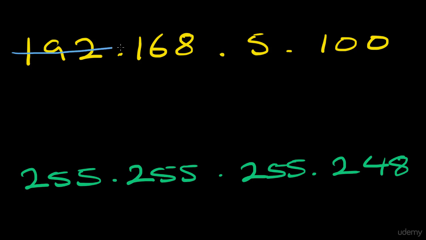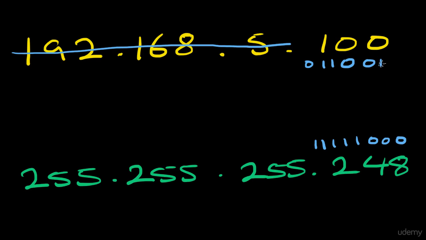It's covering the bits of the first 3 octets. 100 is therefore being partially covered by 248. 248 in binary is 5 ones, 1, 2, 3, 4, 5, and 3 zeros. 100 in binary is 0, 1, 1, 0, 0, 1, 0, 0. 64 plus 32 plus 4.